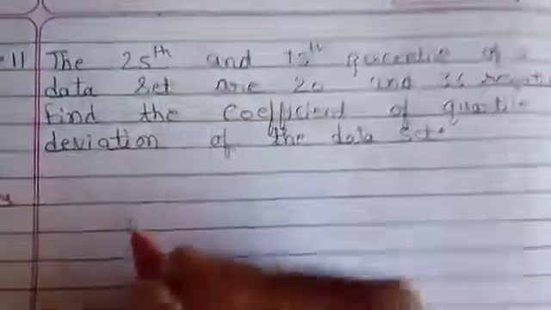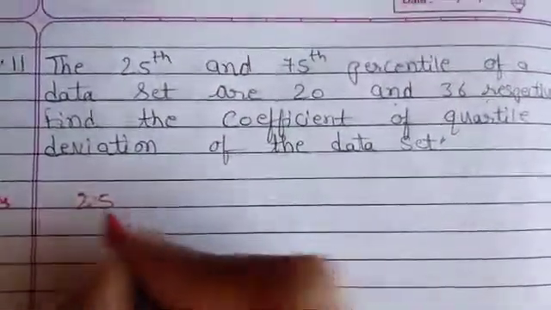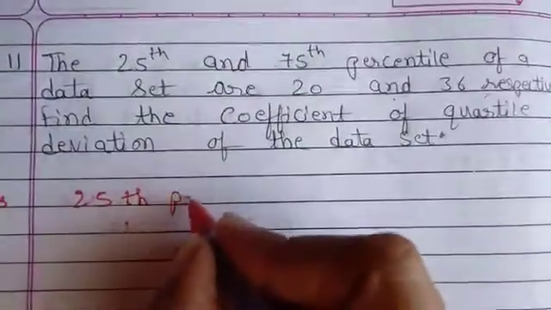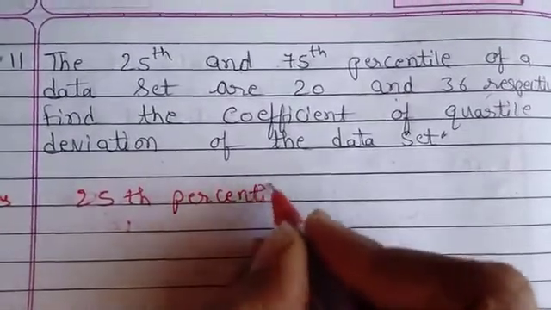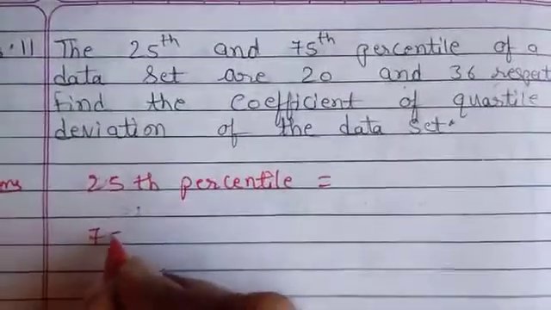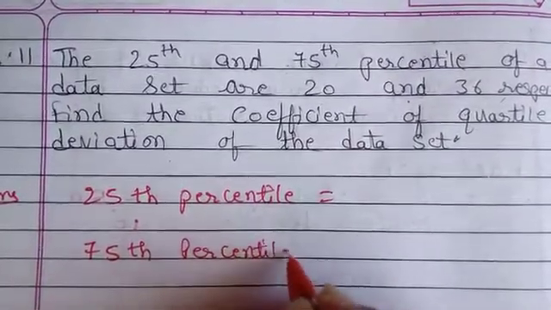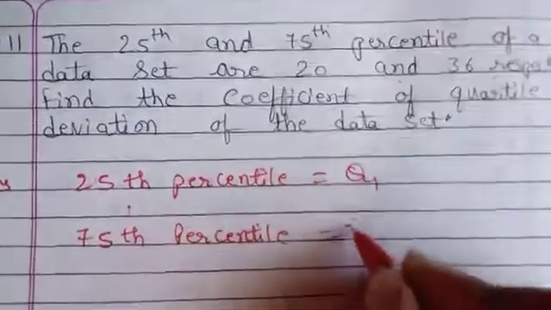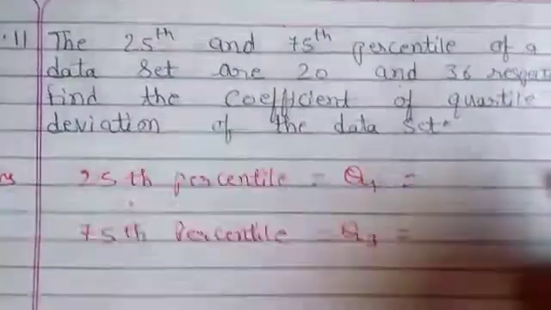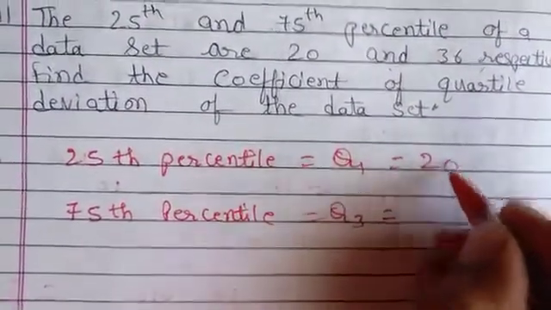So 25th and 75th percentile means Q1 and Q3. So Q1 is 20 and Q3 is 36.